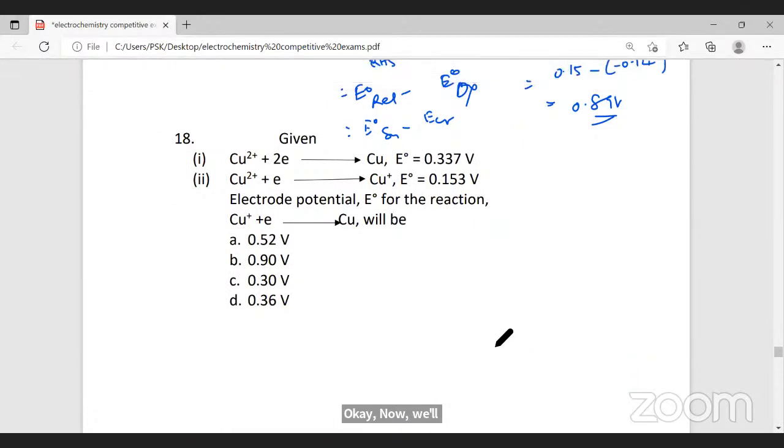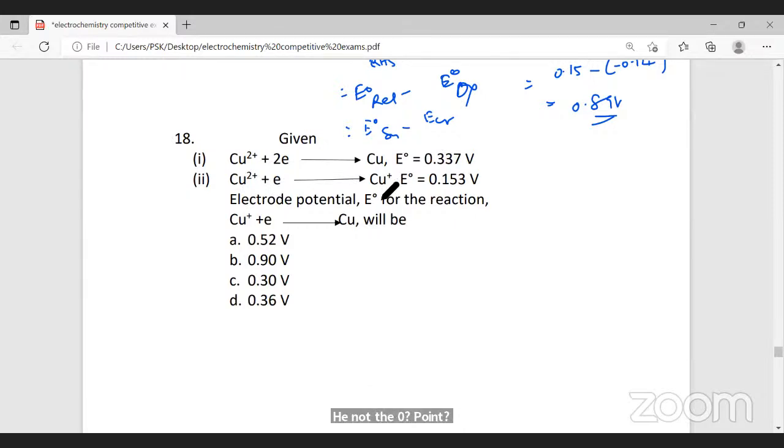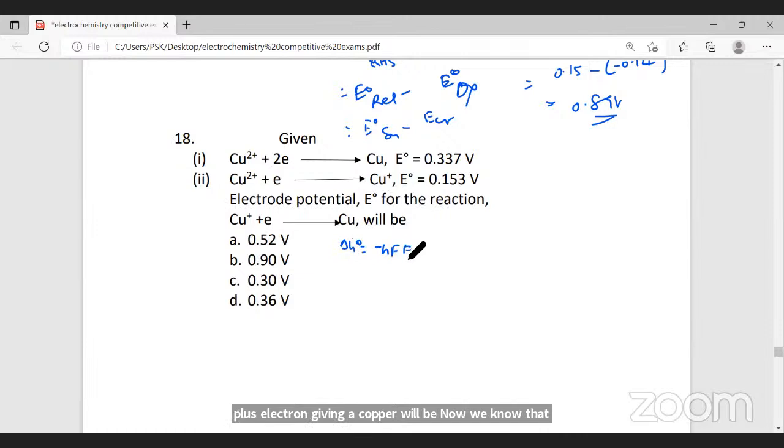See, this is the reverse of the problem which we worked earlier. I don't know whether you remember. Given: Cu2+ plus 2 electrons giving you copper, a reduction reaction, E naught is 0.337 volt. Second equation: Cu2+ plus an electron giving you Cu+, E naught is 0.153 volt. What is the electrode potential E naught for the reaction Cu+ plus electron giving you copper? Now we know that delta G naught is equal to minus nF E naught.